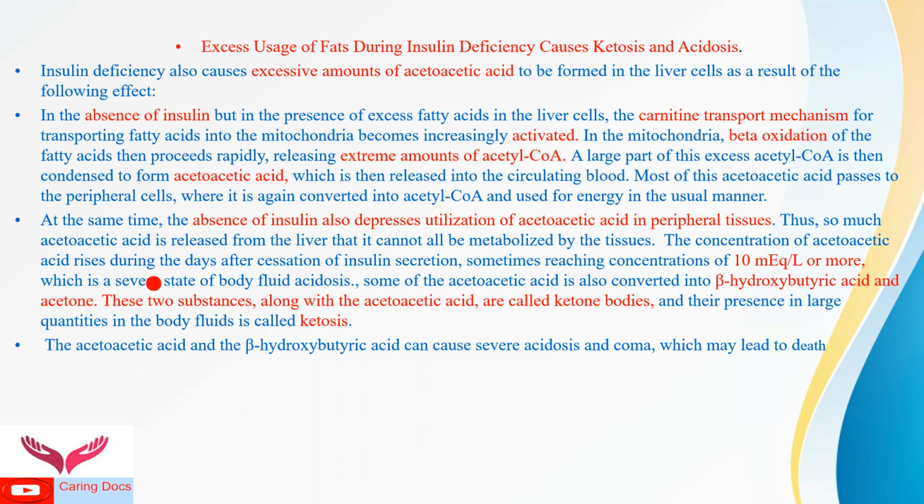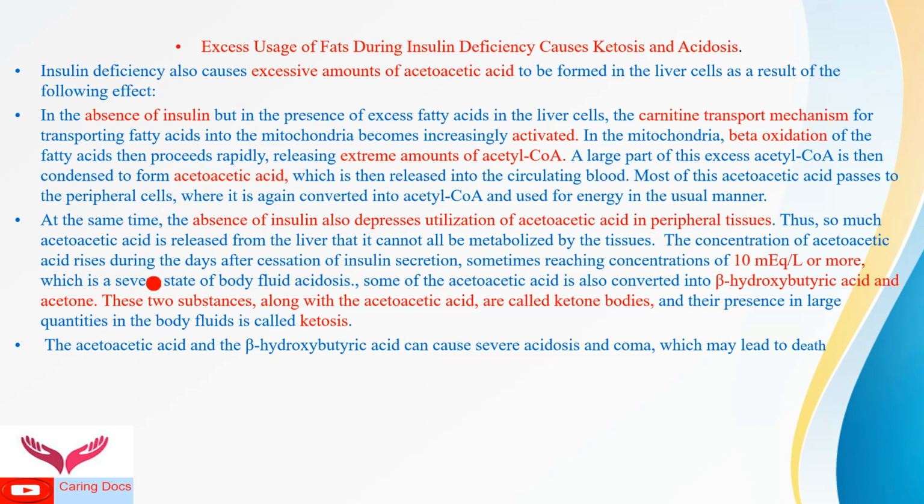In the mitochondria the beta oxidation of fatty acids occurs, and this leads to an extreme increase in the amount of acetyl coenzyme A. A large part of this excess acetyl coenzyme A is then condensed to form acetoacetic acid, which in turn is released into the circulation, and most of this acetoacetic acid passes to the peripheral cells where it is again converted into acetyl coenzyme A and used for energy in the usual manner.